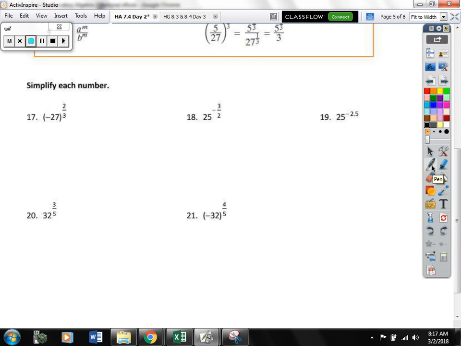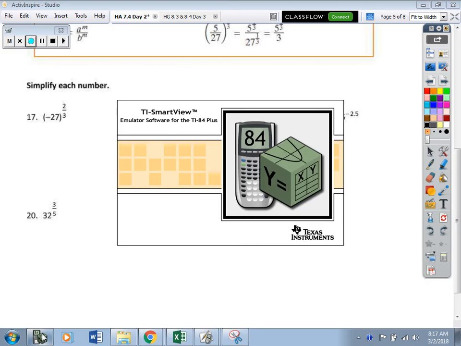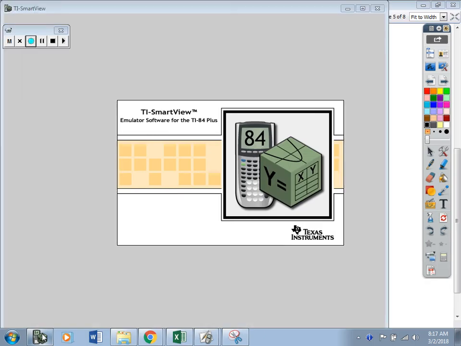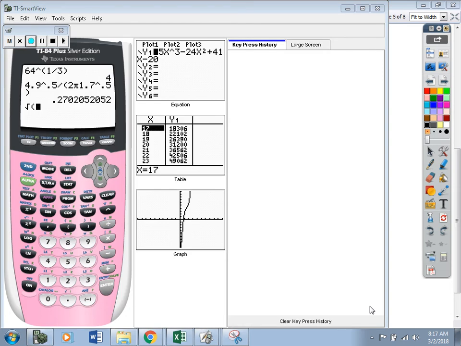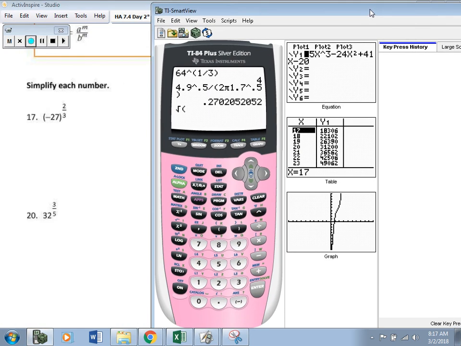Now, if you're doing these with a calculator, you can literally just type into your calculator what you see with a caret symbol. You would want to use parentheses. We are going to do this by hand, but I want to make sure I show you how to do it in the calculator too, in case you wanted to check your answers. So you would type it in pretty much as you see it.